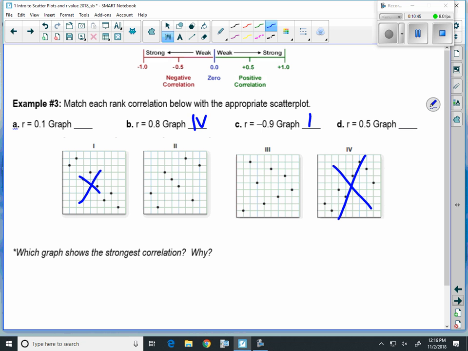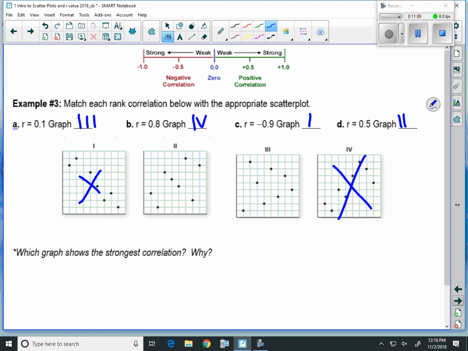If we're talking positive, you can connect there, right? You can almost connect there. So that one is definitely going to be a little bit stronger. It can get tough sometimes to pick these out. We'll put 3 here. When it gets to those smaller decimal numbers, it gets tough, but you'll be able to figure it out. All right, which graph shows the strongest correlation?